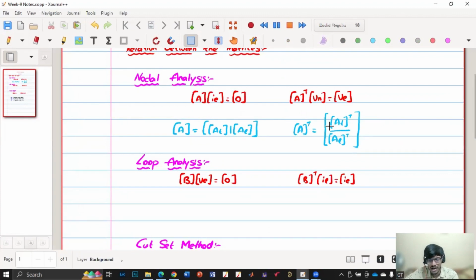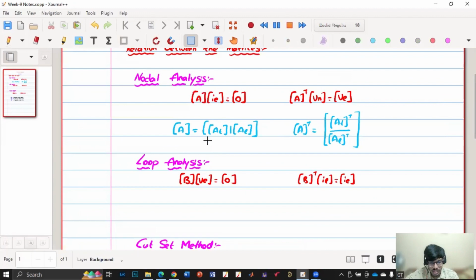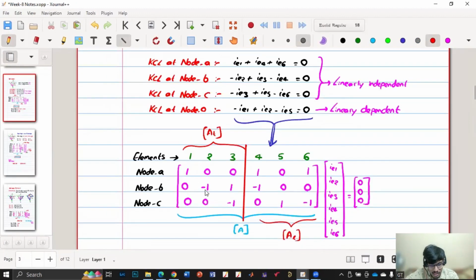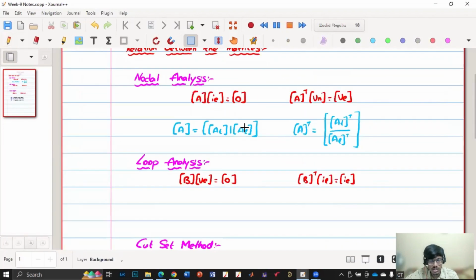It has one matrix on the top and one matrix on the bottom, so I'm segregating the twigs and links. Accordingly, we can multiply. We are just dividing the A matrix into two parts, A twigs and A links. This is just a separation, so it has two matrices inside. I am considering this 3 cross 3 as one matrix and this 3 cross 3 as another matrix. So my A matrix is nothing but A twigs, which is 3 cross 3, and here it is 3 cross 3. So total it is 3 cross 6. So is that clear?